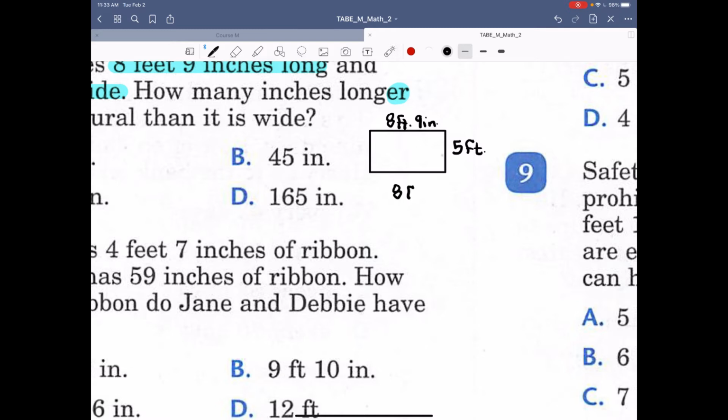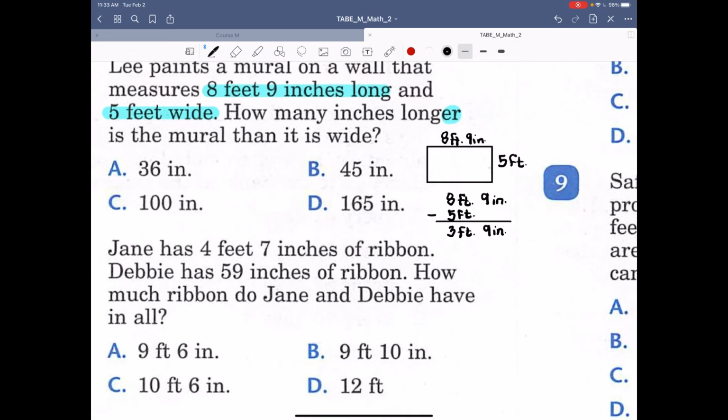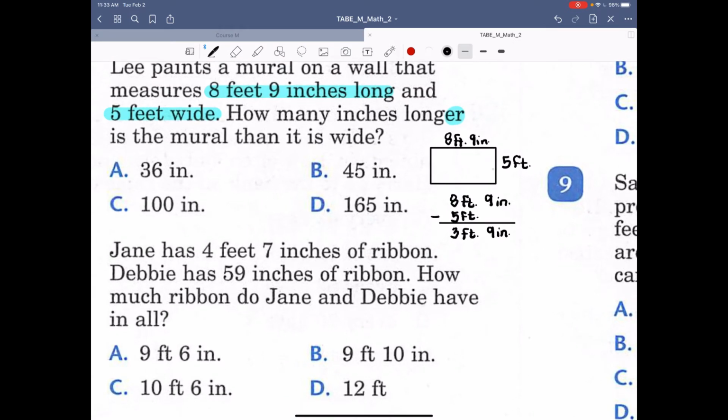So I have 8 feet, 9 inches, and we're going to subtract 5 feet. Now you want to make sure you put that with like units. Feet go with feet. And that leaves me with 3 feet, 9 inches. But my answers are in terms of inches.